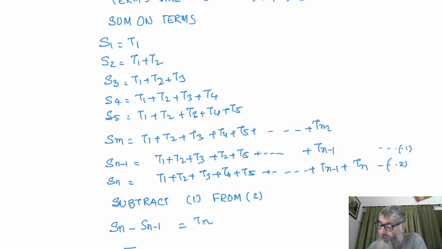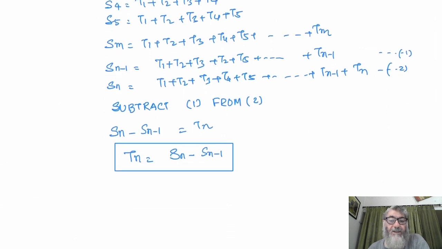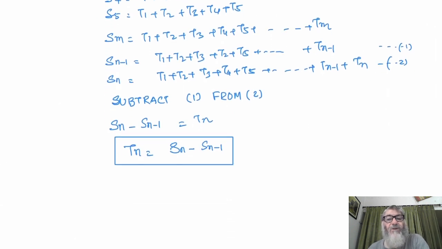So Tn, the nth term, is given by the sum of n terms, Sn, minus the sum of n minus 1 terms, Sn minus 1. And please remember, this formula is true for all progressions, not only arithmetic progression. So if we need to calculate the nth term, we need Sn and Sn minus 1.